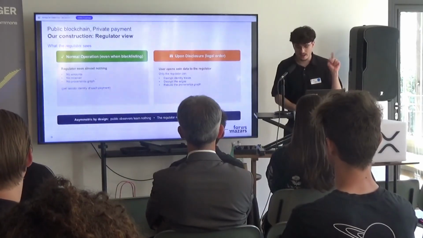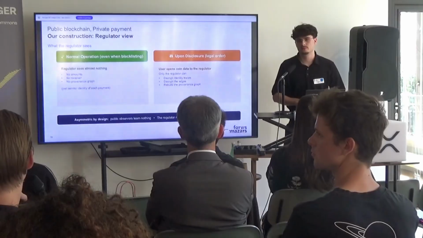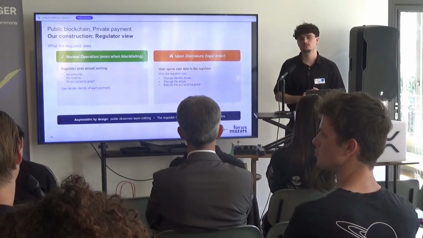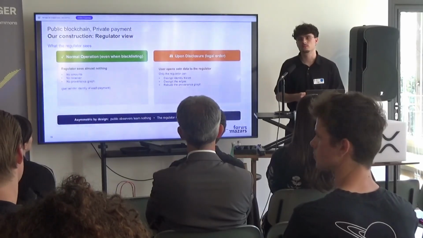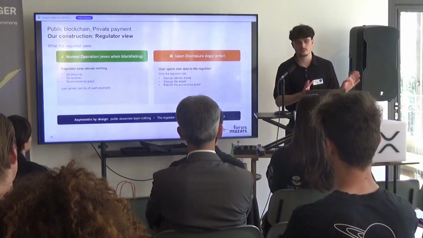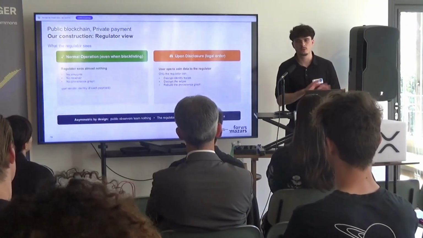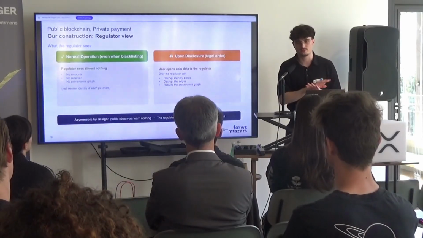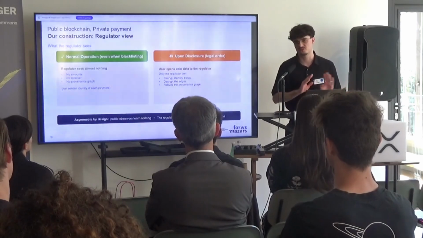Yeah, but I insist on the fact that it's not just for disclosing information to the regulator. The regulator does not have the full view. In normal cases, the regulator has a very obfuscated view, and the only thing he knows is the sender of each transaction, but nothing else.